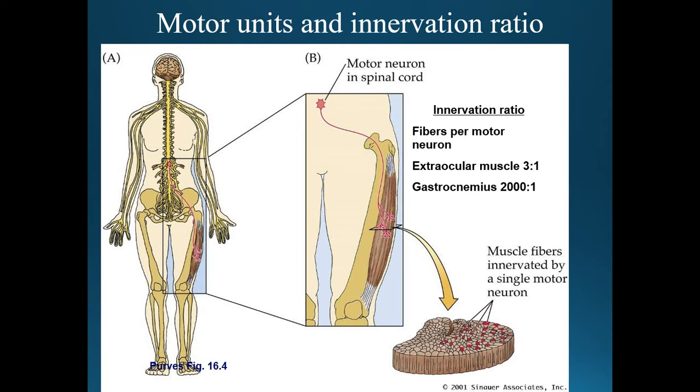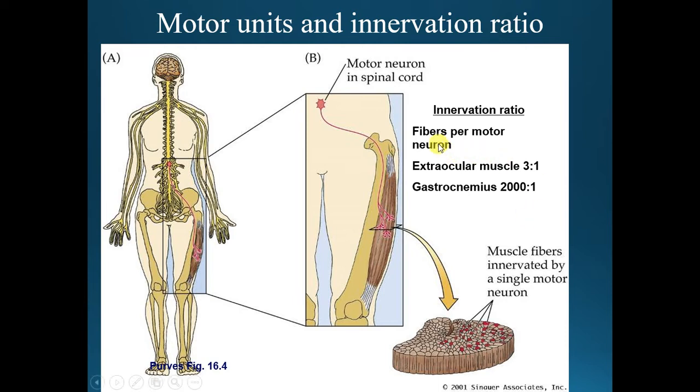As shown, the spinal cord and the muscle fibers, the motor neuron in the spinal cord is connected, as discussed earlier, with the ventral root of the spinal cord.